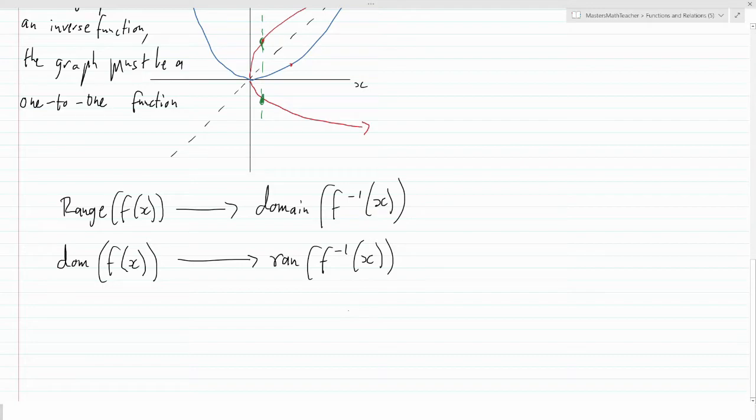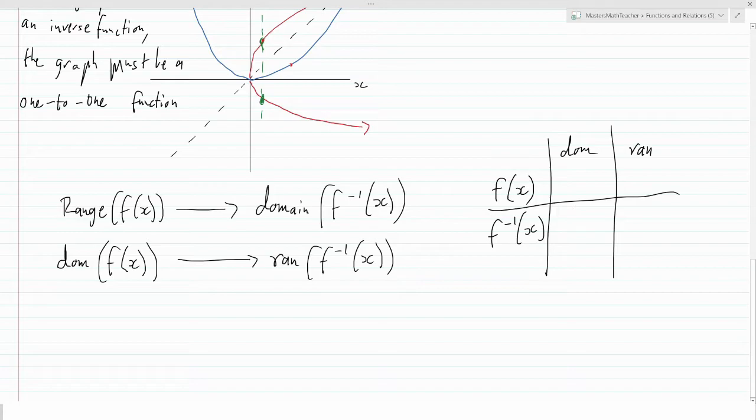Now there's a handy table to work that out with, and I always like to use this. We write f of x here, f negative 1 of x here, dom up here, and RAN up here. Draw our little table. And what we can say is the dom of this is now the RAN of this.